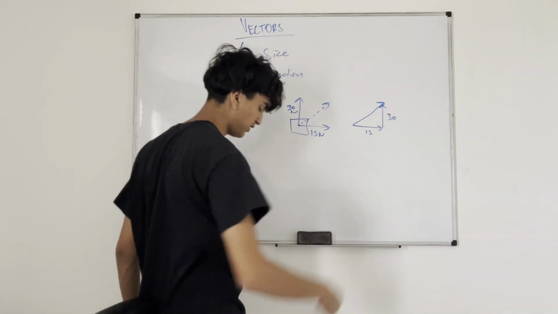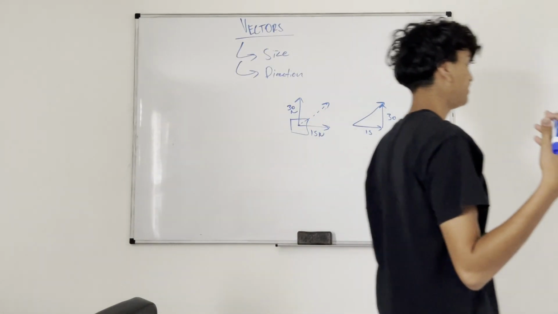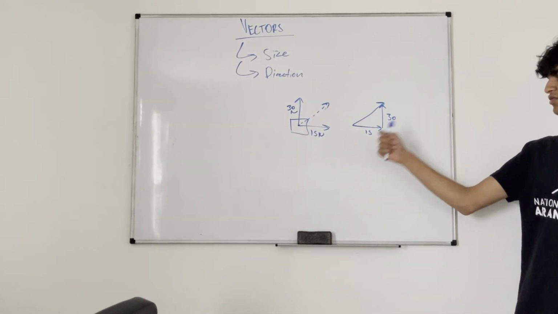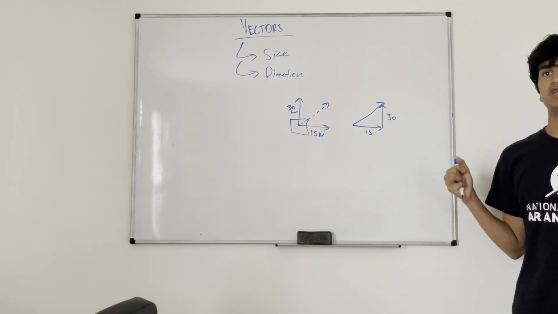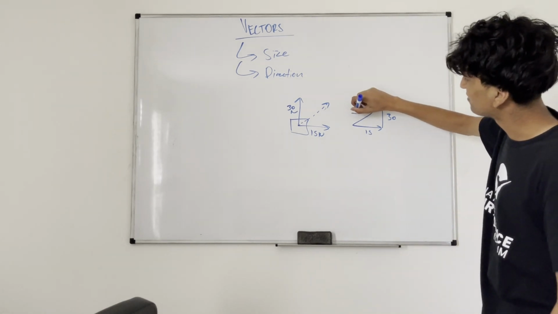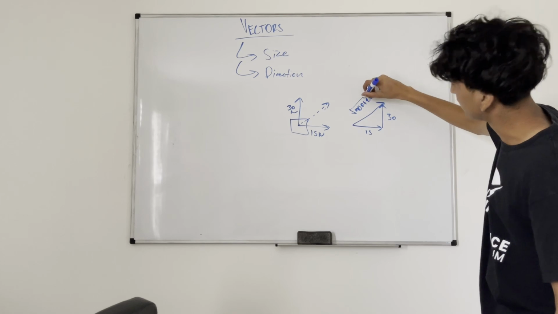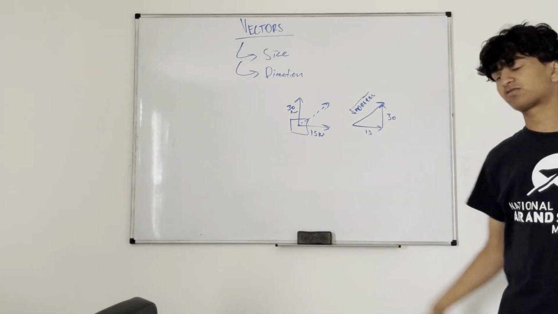If you know tip to tail, once you get to pre-calc, this will make a lot more sense. So you're solving for the direct size: 30 squared plus 15 squared is going to be 900 plus 225. I don't know what that would equal, but that would be your size, and you can plug that into your calculator.